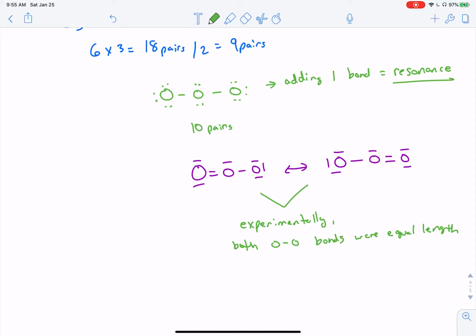When scientists measured how long the bond lengths were, they found they were both the same. And if they're both the same, then one can't have a double bond and one can't have a single bond. They have to be sharing that double bond somehow. That's how the concept of resonance came about. It was reasoning based on the experimental data.